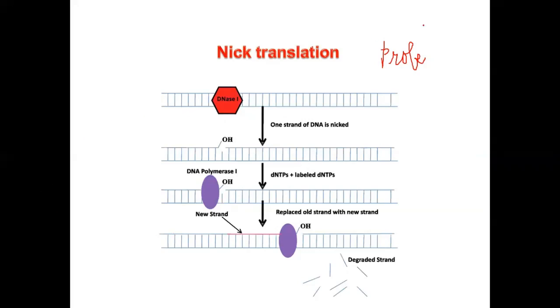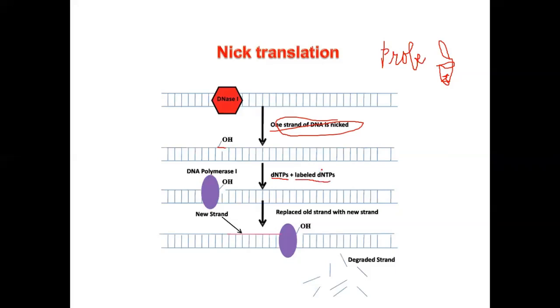For this, you take the probe in a PCR tube, which is a small fragment of DNA, and you add DNase. DNase is an endonuclease which causes a nick, breaking the DNA strand. One strand of DNA is nicked here. And what happens now? You add dNTPs and also a labeled dNTP.